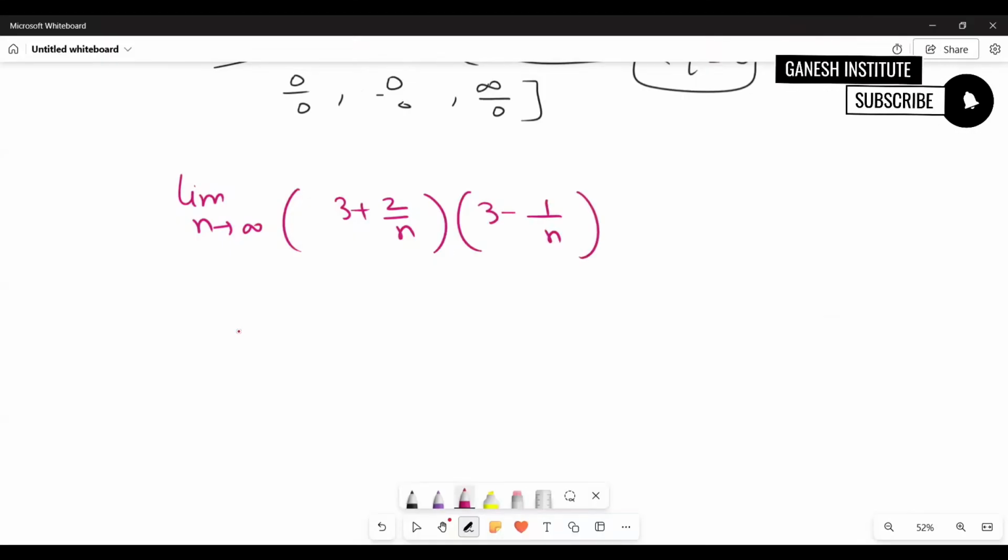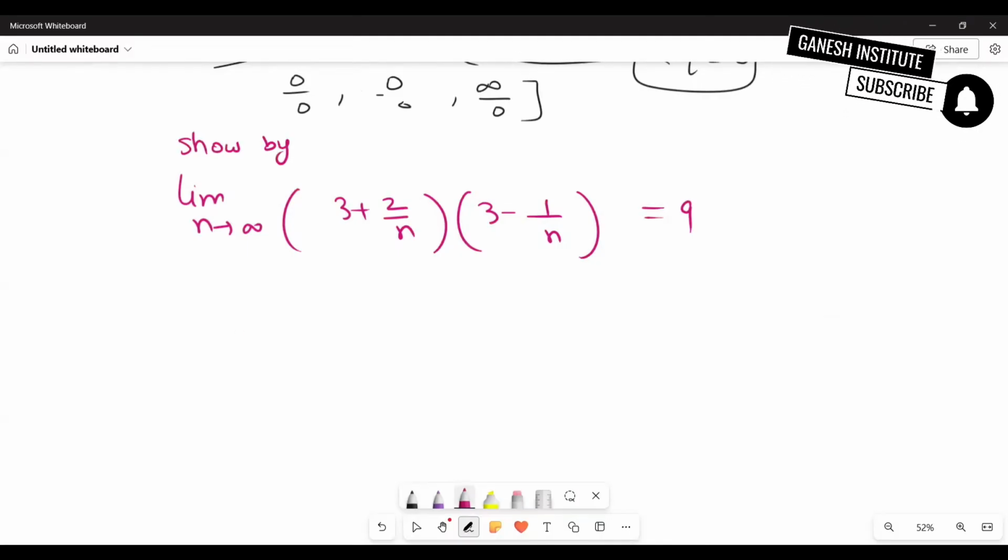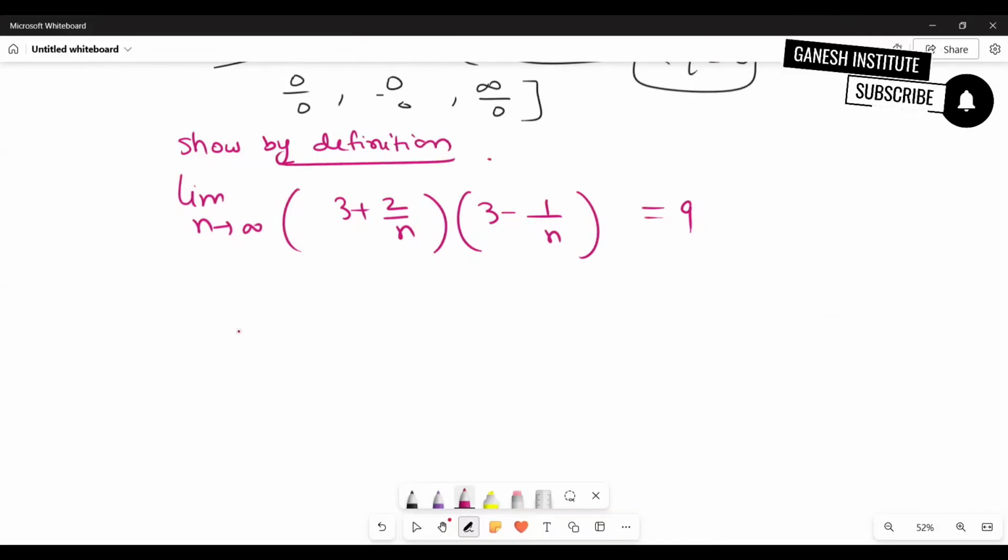It is saying show by using the definition that this is 9. What do you think it should be?